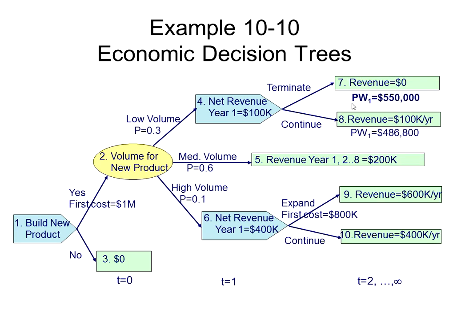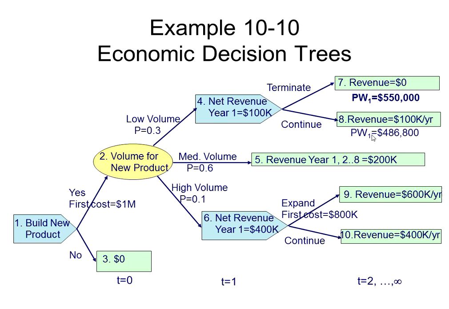And then if you have this revenue, then the present worth in year 1 is going to be 486,080. So comparing these two, we can make a decision either to terminate or continue.